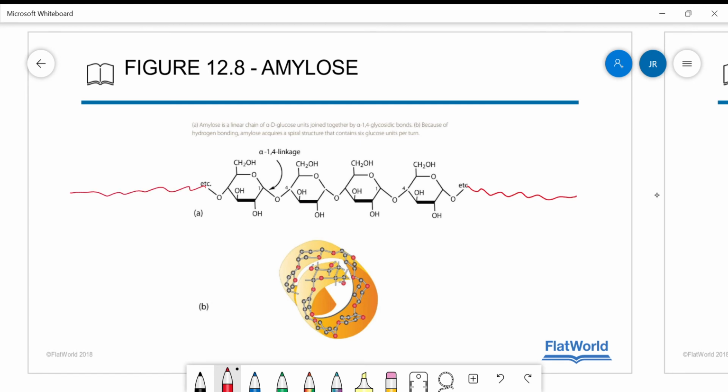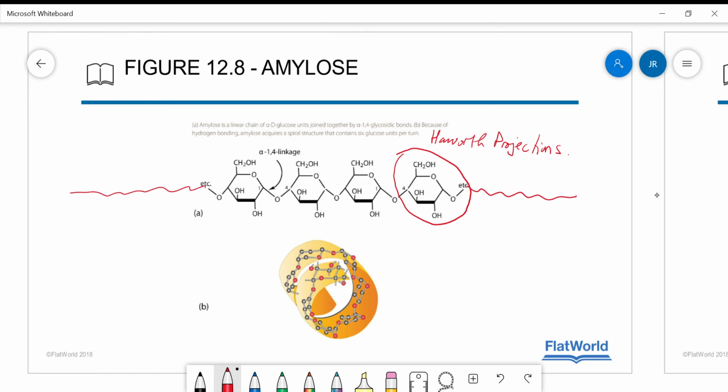Okay. Notice that we have our nice monosaccharides. We recognize that these are Haworth projections of our monosaccharides.